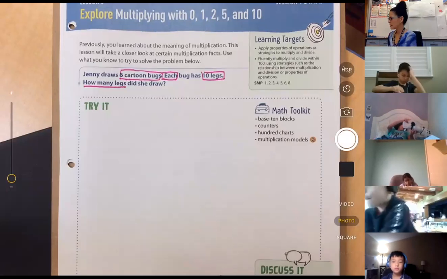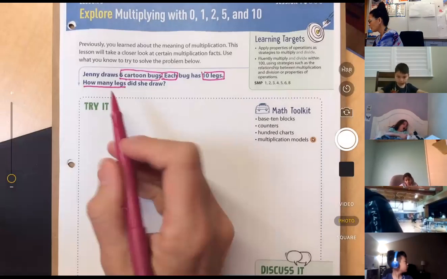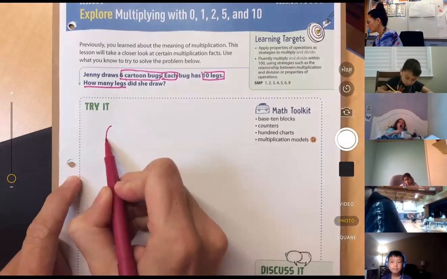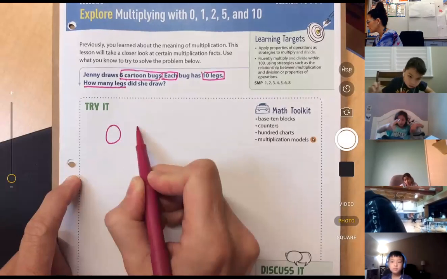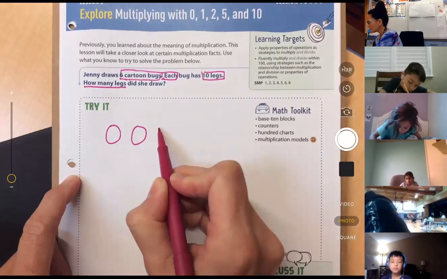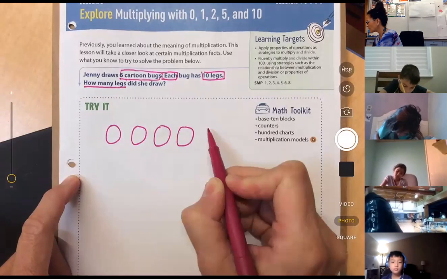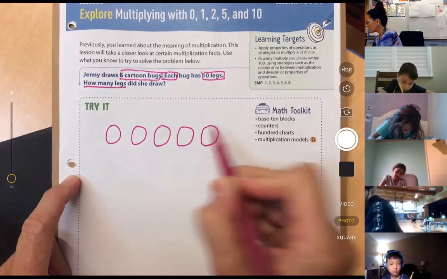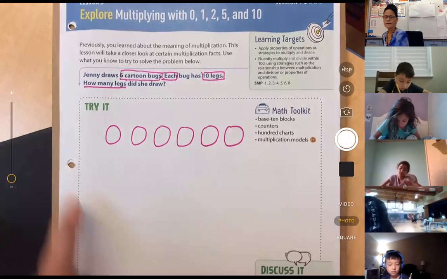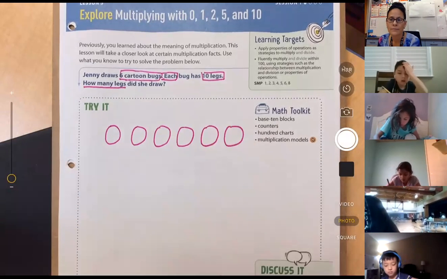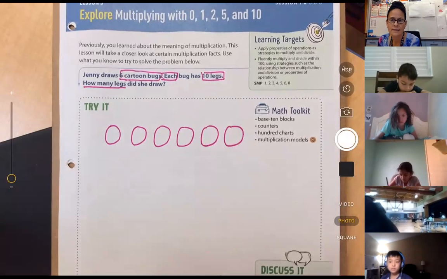So I'm going to have 1, 2, 3, 4, 5, 6. All right, I know I have my 6 equal groups.